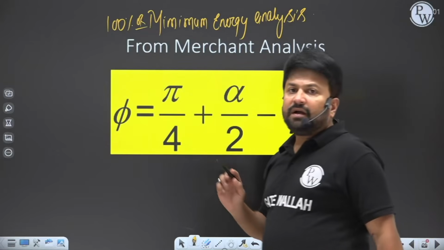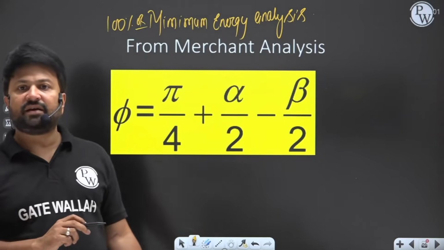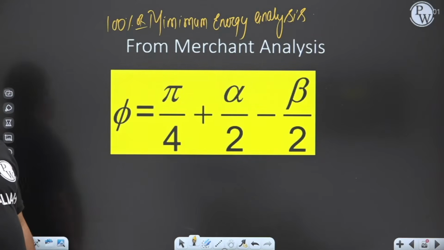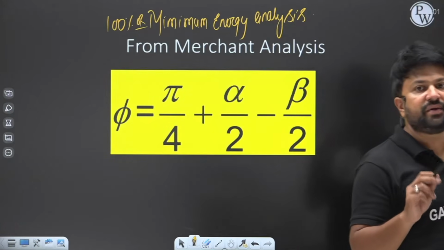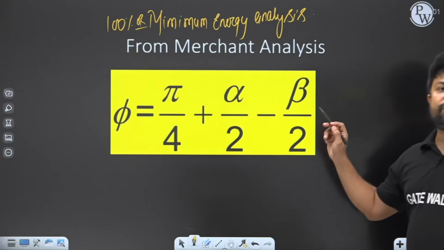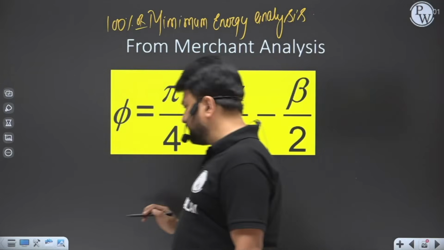My dear, the above merchant shear angle is a theoretically proven shear angle relation because of some of the assumptions taken during the analysis, like energy required for producing thrust force is negligible.